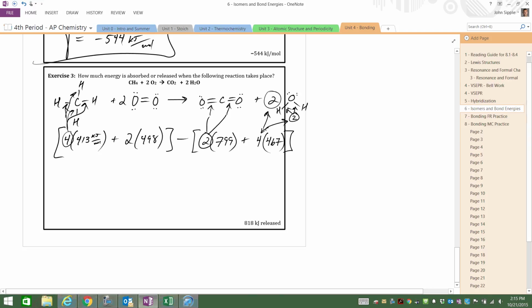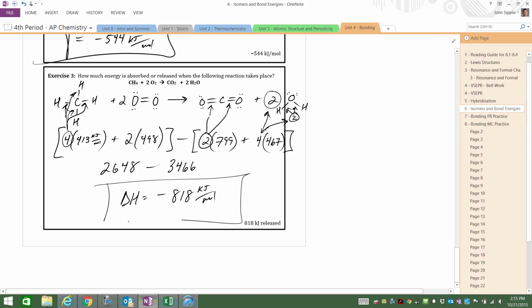So if we crank this out, we have negative 818 kilojoules per mole.